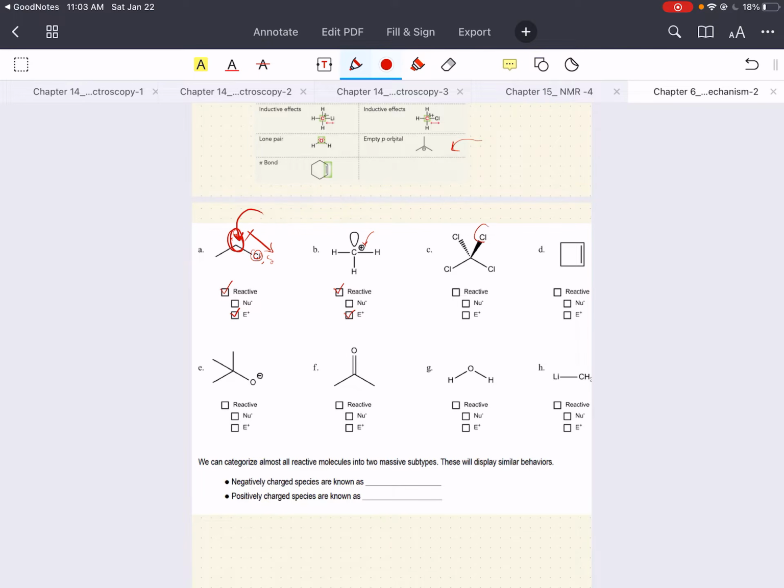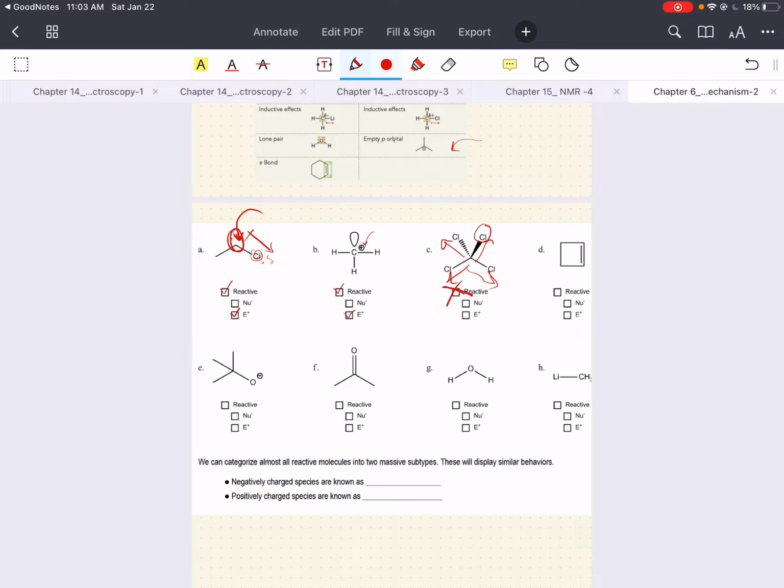Even though it has chlorine, it has 4 of them, and all these partial positives and negatives, all these dipole moments, cancel each other out. This molecule is actually very stable and will not be reactive whatsoever, because remember, stability and reactivity have an inverse relationship. This molecule is stable, therefore it will not be reactive.